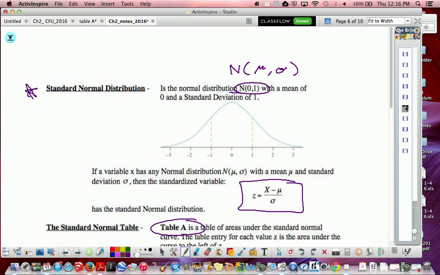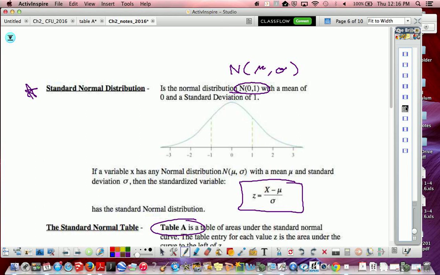So, if something is normally distributed, what we do is we convert it to a standardized normal curve. What a standardized normal curve does is it takes anything that's normally distributed and we change the mean to 0 and we change the standard deviation to 1.